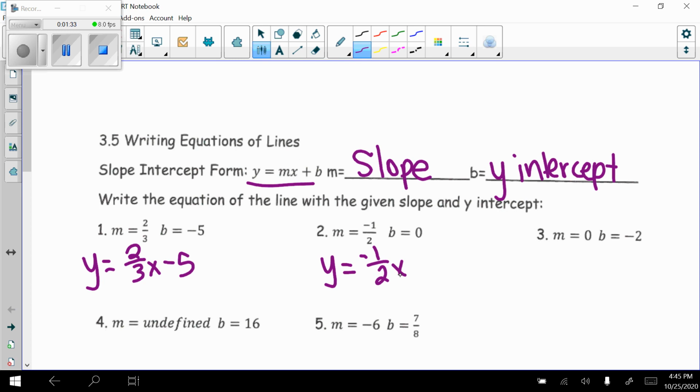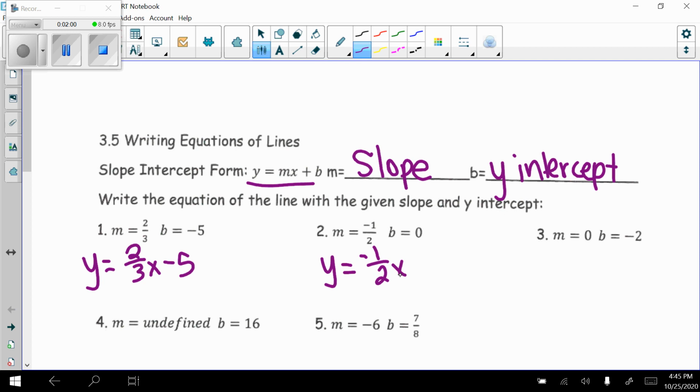Number 3, the slope is 0, b is -2. Remember, we are going to memorize what types of lines have a slope of 0 and what types of lines have a slope of undefined. So what type of line has a slope equal to 0? I can go up 0, and I can go over as much as I want to.